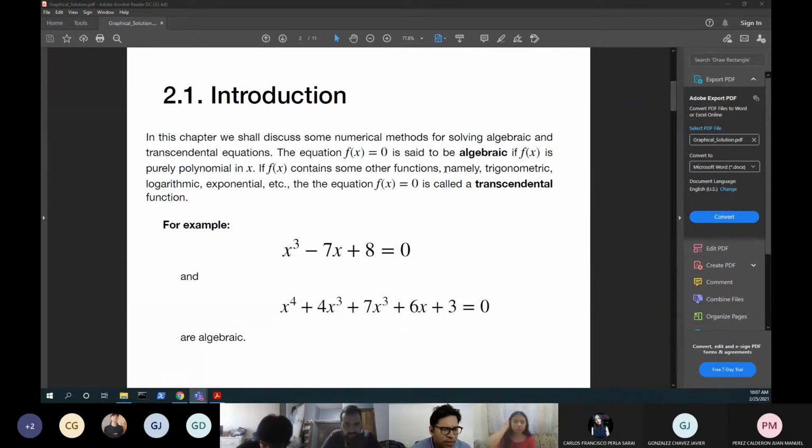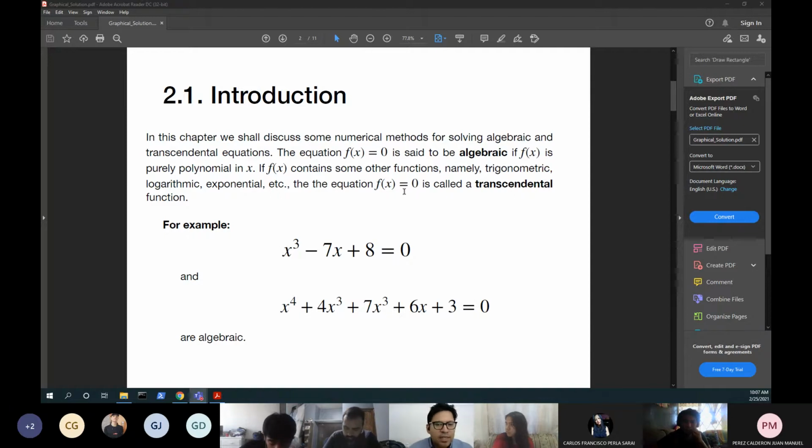Not only in x, it could be in y, but in this case, because we're defining f(x), it's purely polynomial in x. If we analyze these examples, this is purely polynomial. There are only constants and x to a certain degree, and then it's a polynomial of third order, right? This is a polynomial of fourth order, so this is purely polynomial, okay?